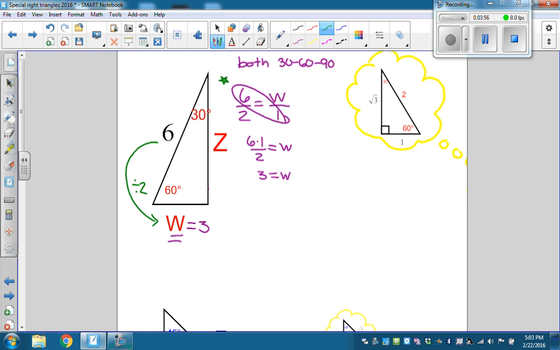Now to get from the short leg to the long leg, we're going to set up another proportion, starting back with the original 6, comparing to 2. But now we're looking for Z, so we're going to compare that to root 3. So again, to solve this proportion, we're going to do 6 square roots of 3 divided by 2. 2 goes into 6 3 times. So that tells us Z is equal to 3 square roots of 3.